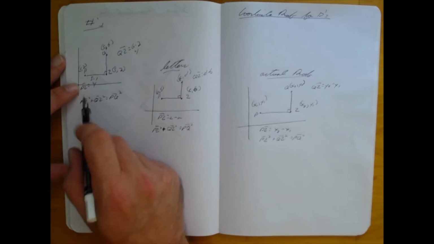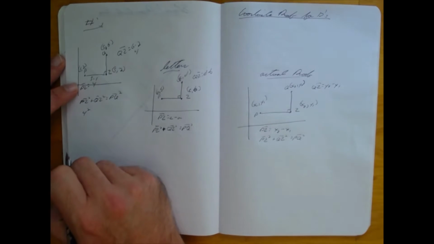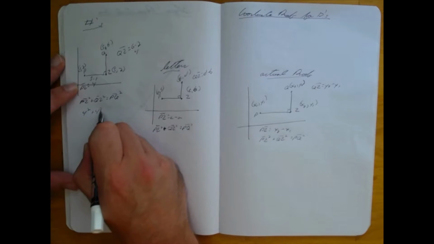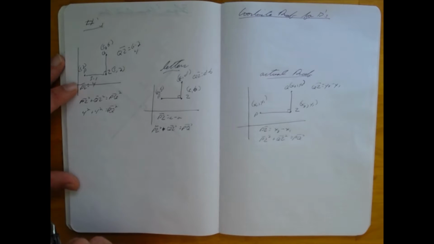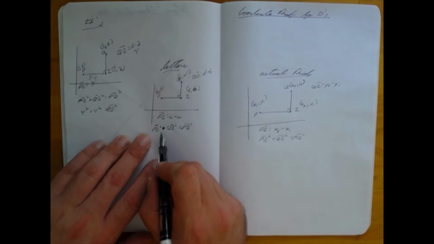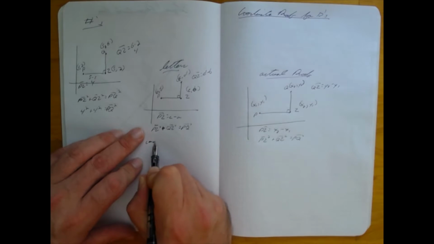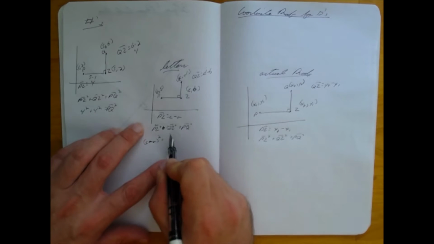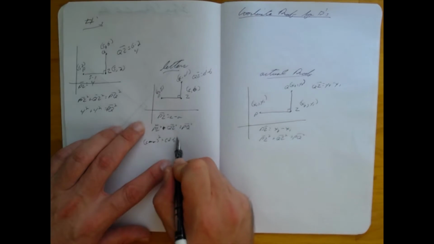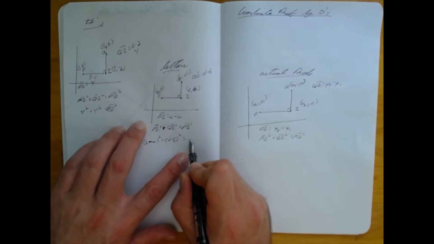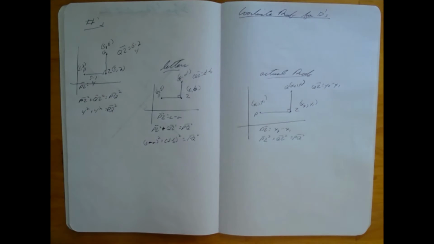I see that PZ is equal to 4, so that's 4 squared, and QZ is equal to 4, is equal to PQ squared. So substituting again here, I get that c minus a squared plus d minus b squared is equal to PQ squared.